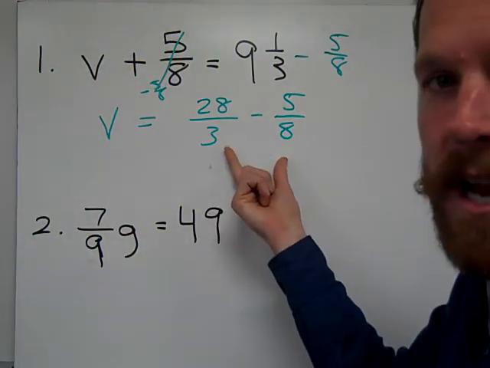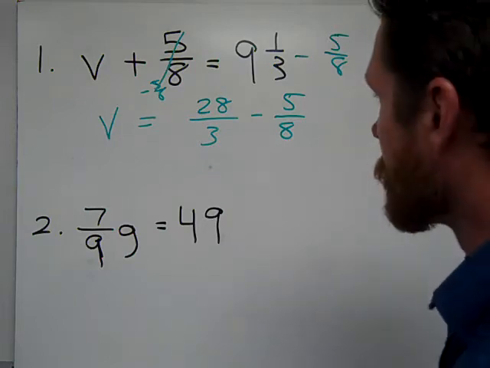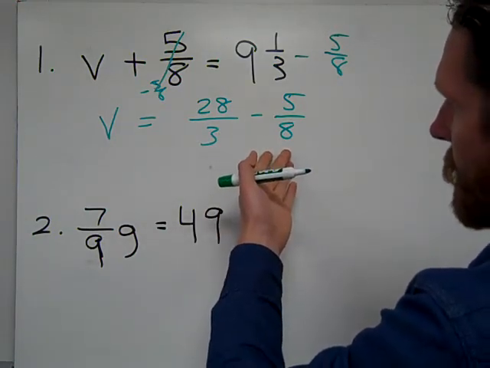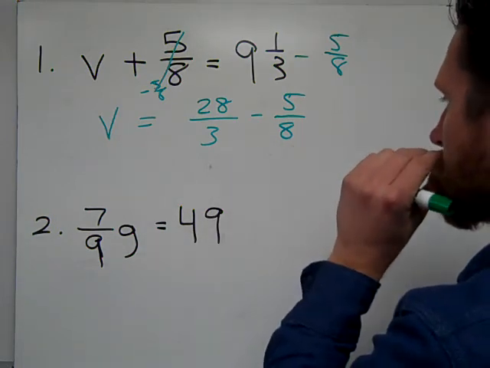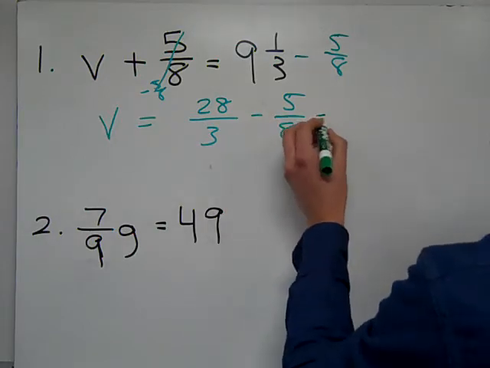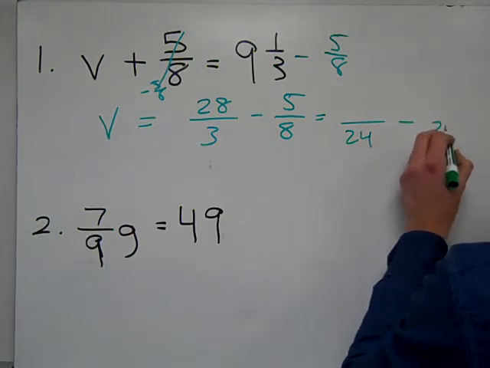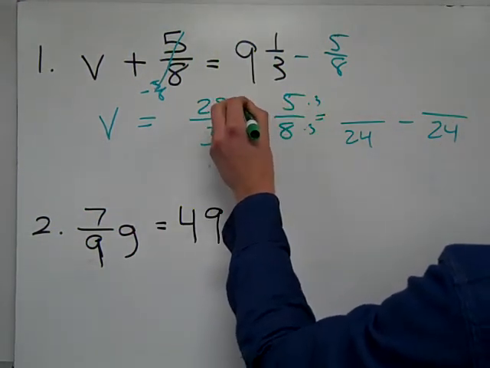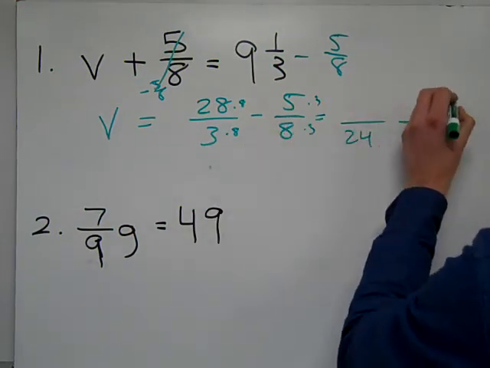Now I have to get a common denominator because I can't subtract unless they have a common denominator. So we might as well go with 8 times 3, 24. 3 times 3 times 8 times 8. 5 times 3 is 15.